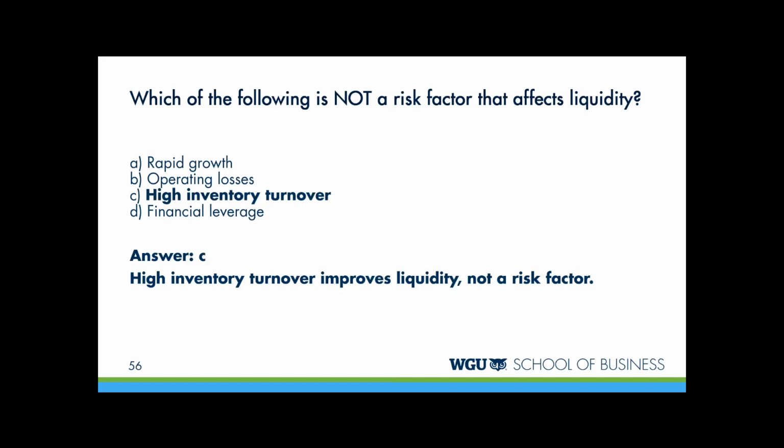It's not a risk factor, right? If we have low inventory turnover, that is going to be a risk to our liquidity. But if the inventory turnover is high, it means we are converting our inventory to cash efficiently, and that is going to improve our liquidity.